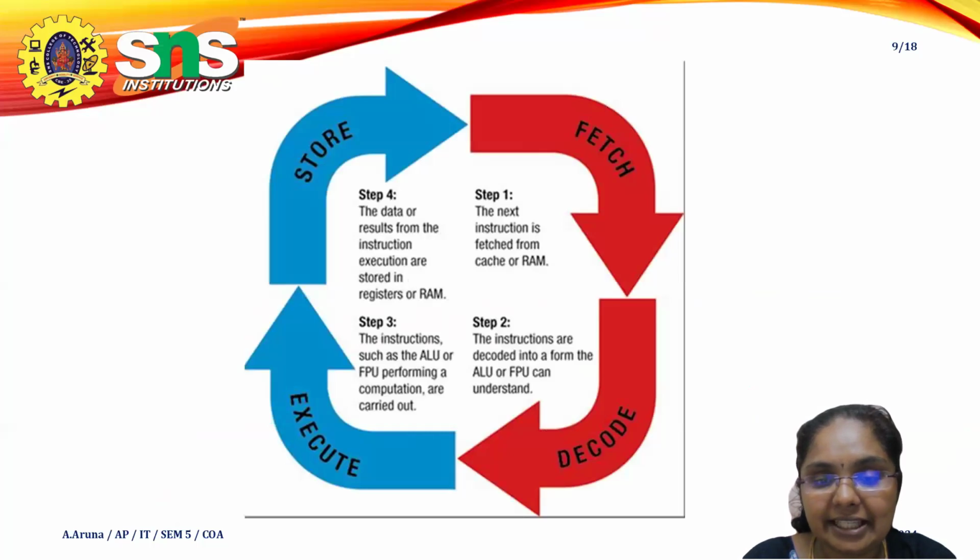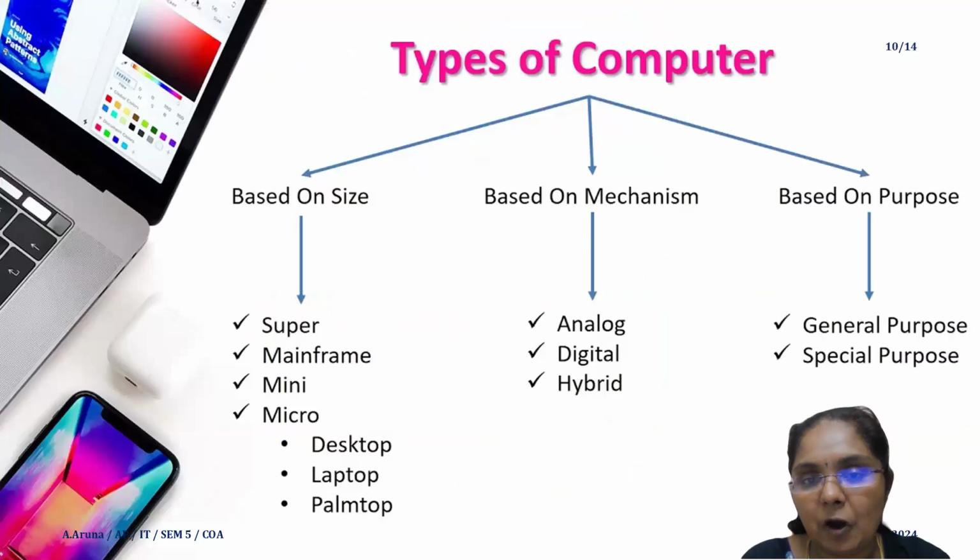The third stage is the execution stage, where the ALU or processing unit performs a computation or the instruction is carried out. The fourth stage is storing data. The data and the result from the instruction execution are stored in the register or RAM. So these are the 4 stages available in our architecture.